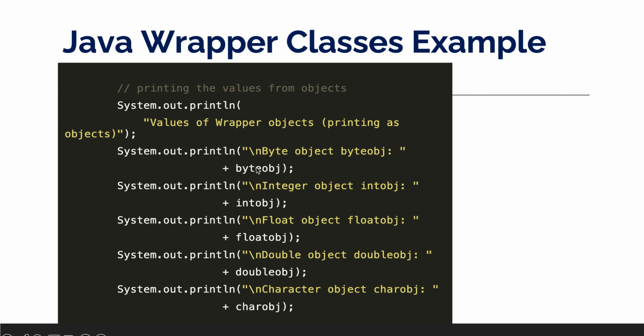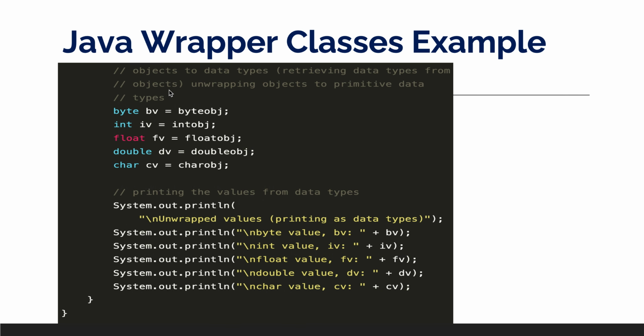And similar to autoboxing, again let's say we have this wrapper type object variable, and we want to unwrap or unbox it into the primitive data type. How can we do it? Again the same operation: we directly assign it to the primitive variable, something like Byte object to byte data type, Integer object to int data type, Float object to float data type, Double object to double data type, and similarly Character object to char variable of the primitive data type.